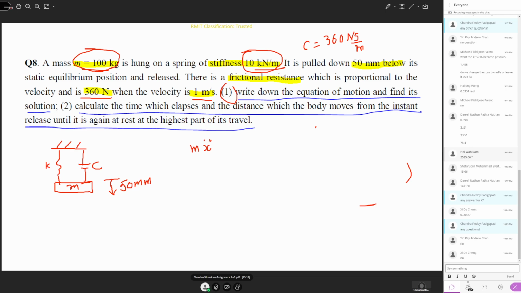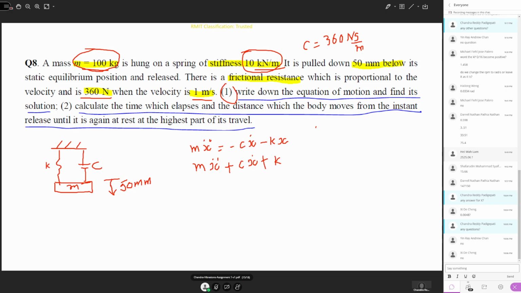You can write it as minus c x dot, c into velocity, minus kx, the spring force. So you can combine this and write m x double dot plus c x dot plus kx is equal to 0.